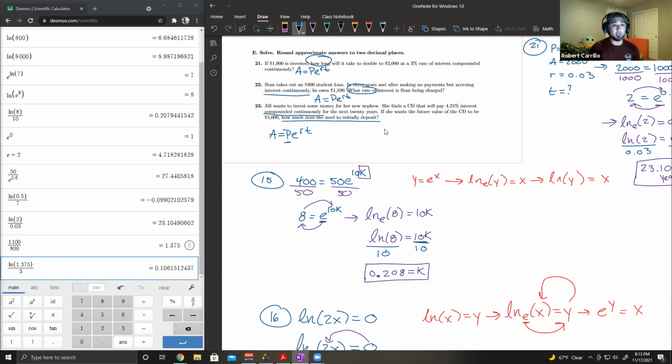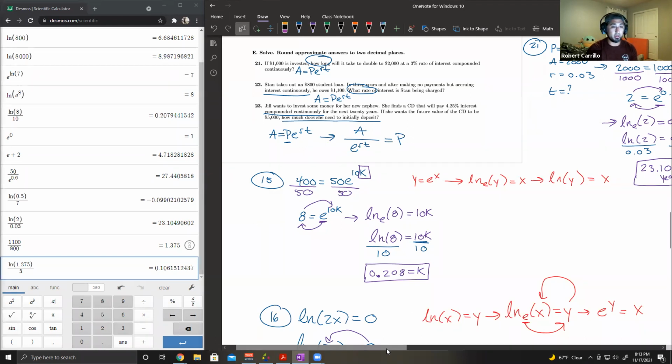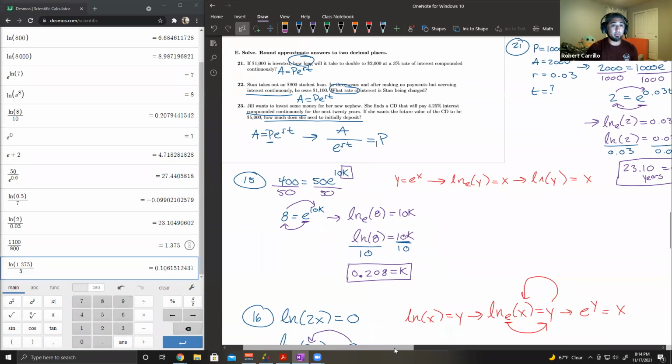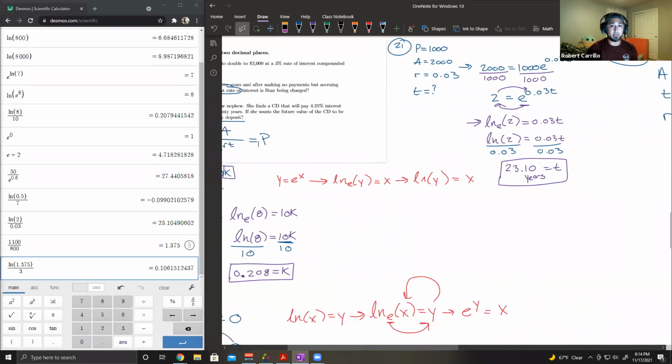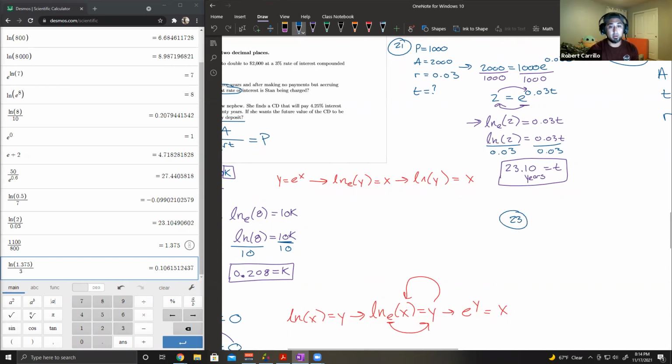Okay, so to make this simple, in order to solve for P, you're going to divide everything by ERT. So the formula we're going to be using here is A over ERT equal to P. So let's put everything that we know together. So 4.25% interest, I can squeeze that down here. So 23.